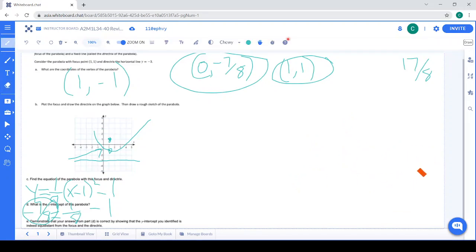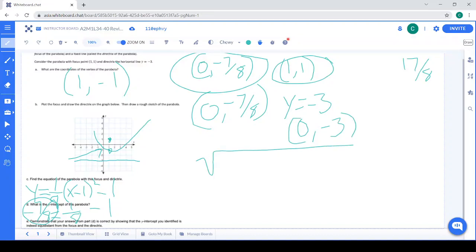Now we're going to look at our y-intercept and our directrix. Okay? So when you do that, what ends up happening? Both your x's are 0, right? So when we do the distance formula, what is x going to be? X is just going to be 0, right?